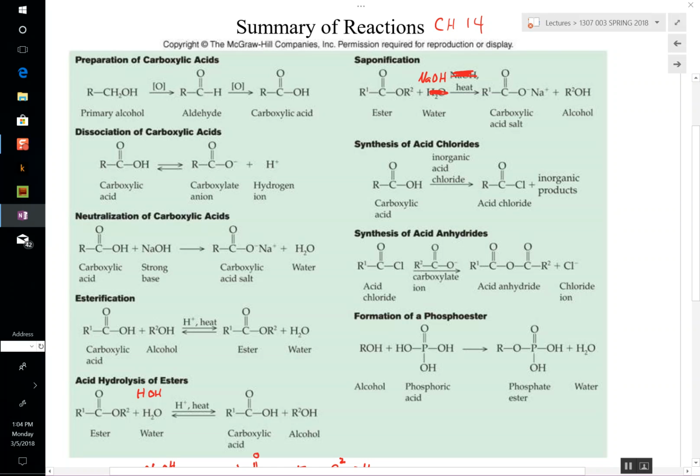And then phosphate ester. Don't worry about writing out reactions to produce a particular phosphate ester, but do be able to recognize what a phosphate ester generally looks like. Instead of just a carbon there, we've got a phosphorus, and it actually has 4 oxygens around it.